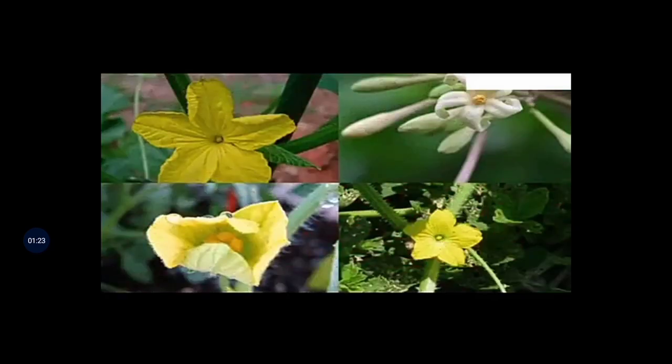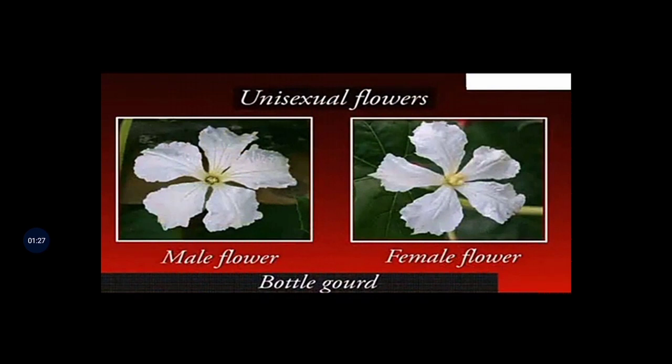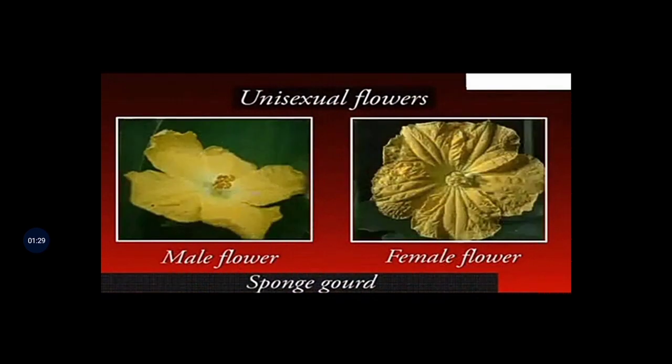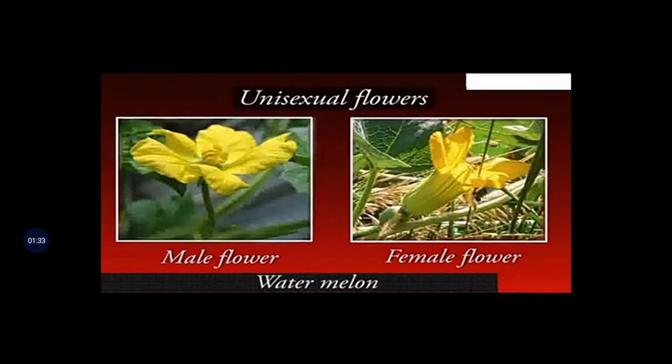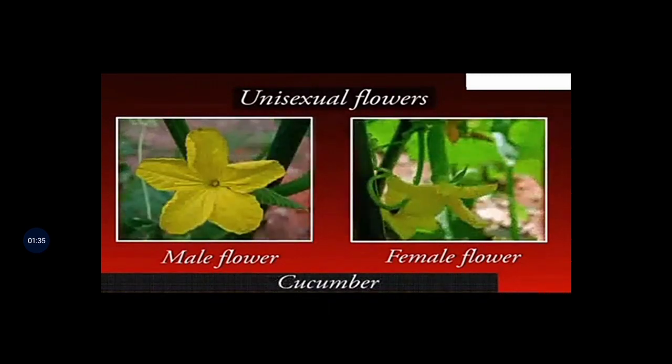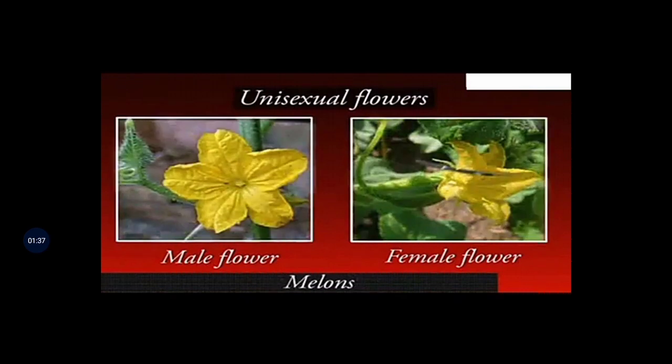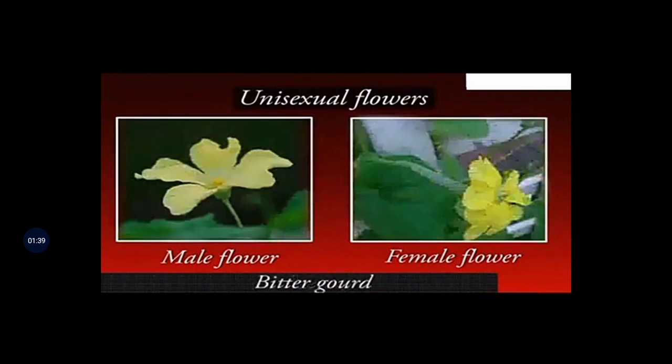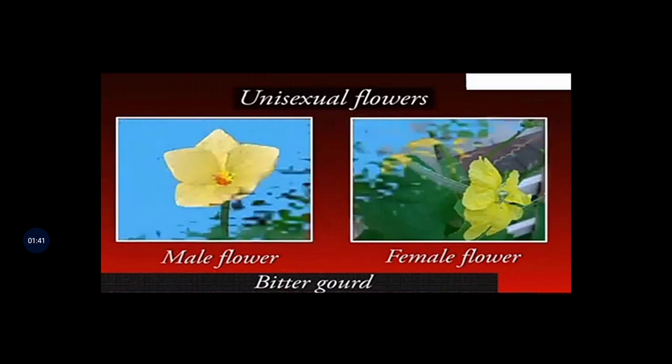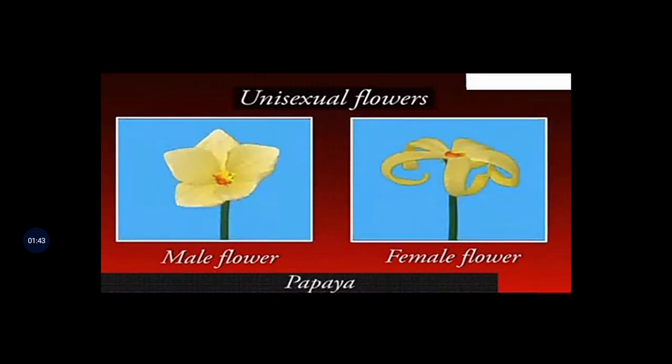A few examples of unisexual flowers are bottle gourd, sponge gourd, watermelon, cucumber, melons, bitter gourd, papaya, etc.